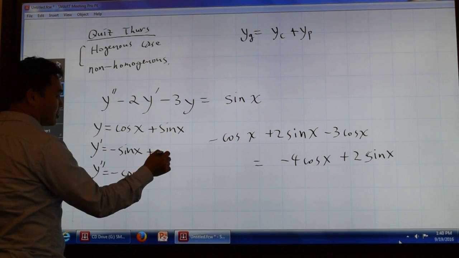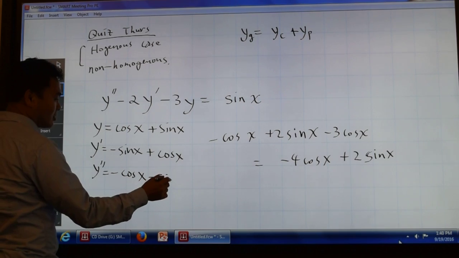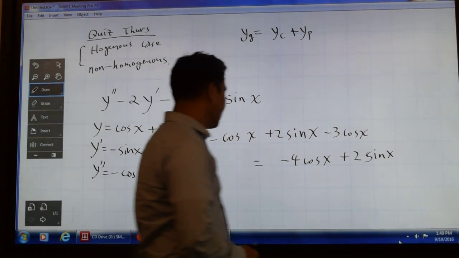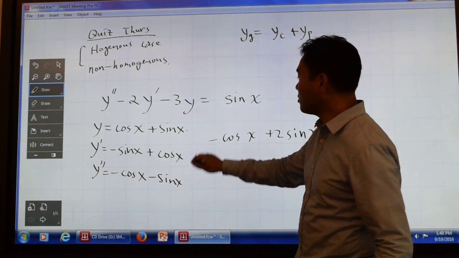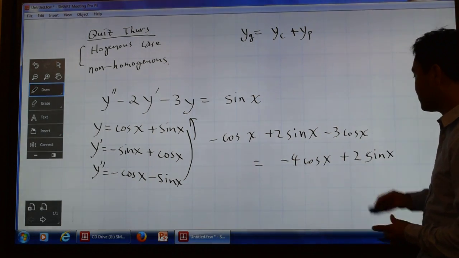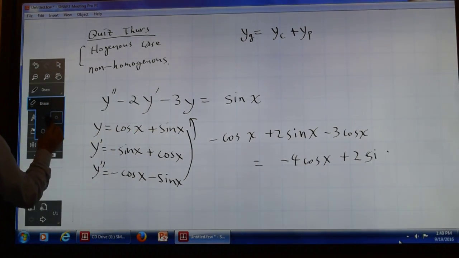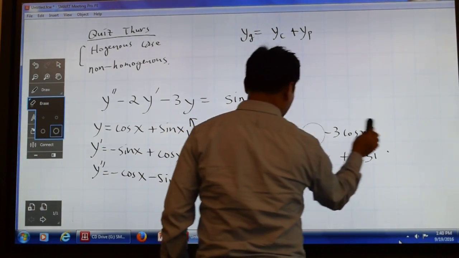So I differentiate. I get cosine x, and differentiating one more time, I get negative sine. Now let's plug all of these into this left side and see what we get.